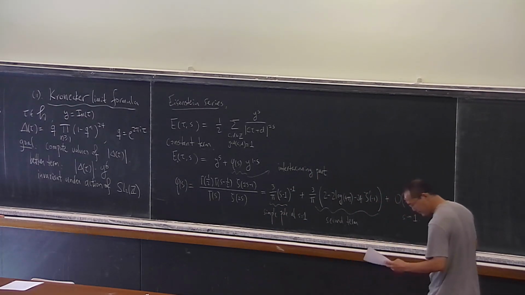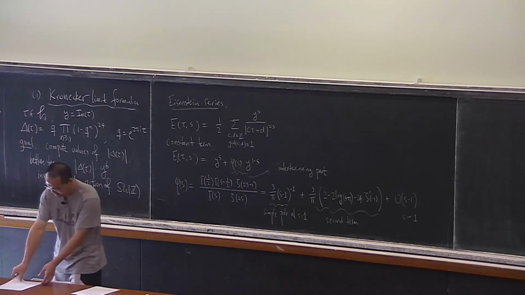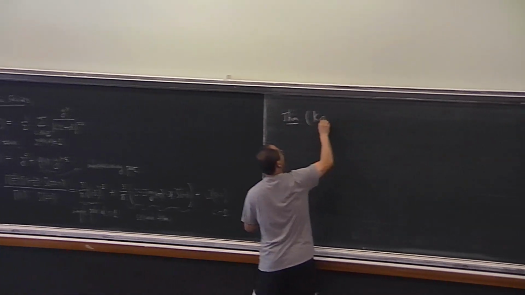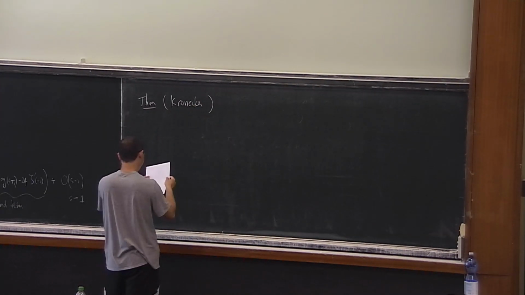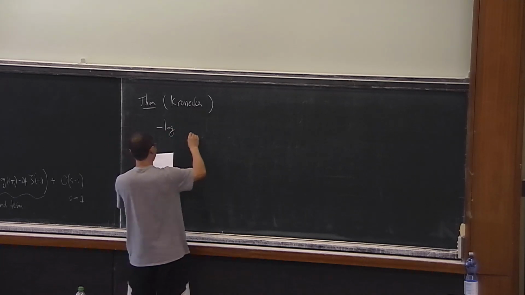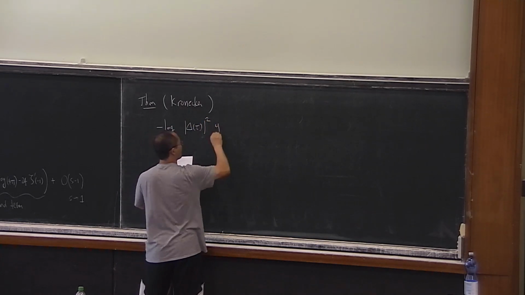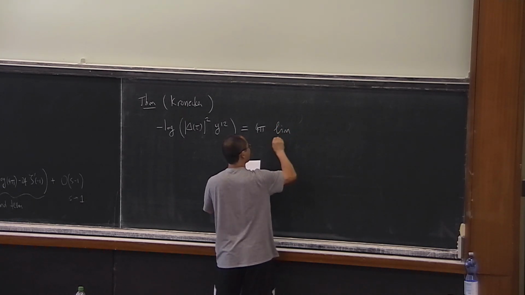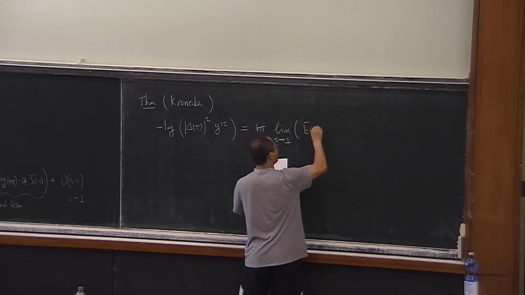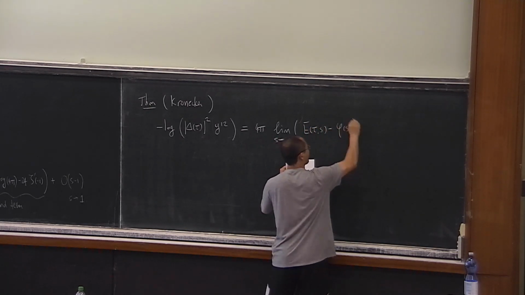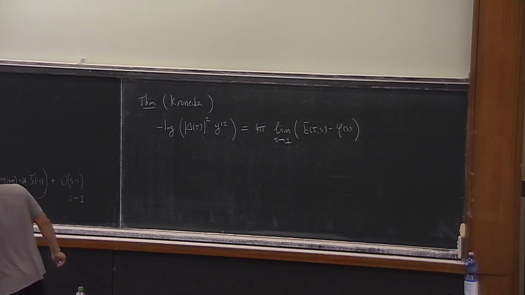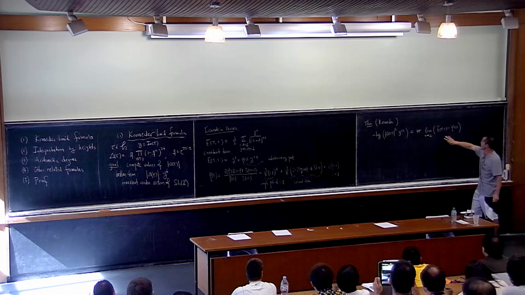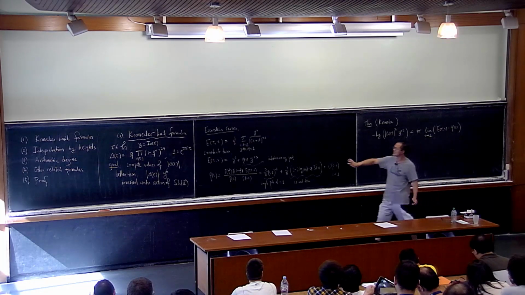So that's Kronecker's limit formula. The absolute value of delta at tau is equal to essentially the second term of this Eisenstein series.